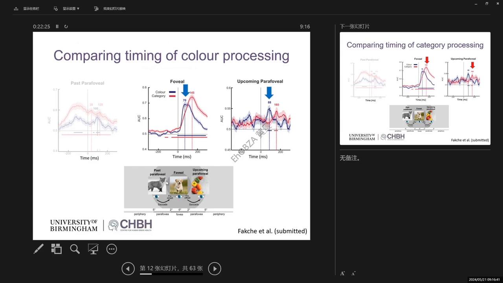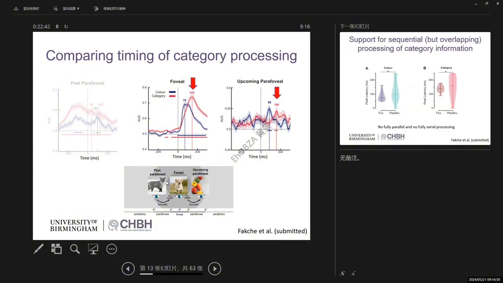Well, the answer is something in between, in the sense that if you look at the color decoding in the fovea and then the parafoveal, you see it at 70 and 80 and then 88 milliseconds. So that sort of speaks to it being sequential. If you look at the decoding of the category, that is 145 and then 160 milliseconds.